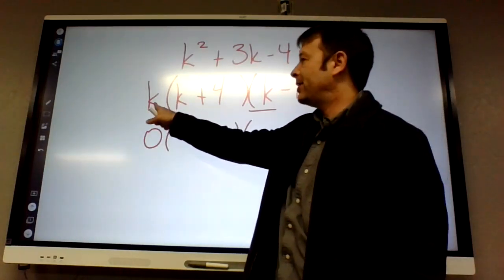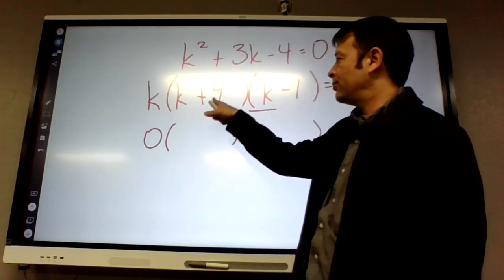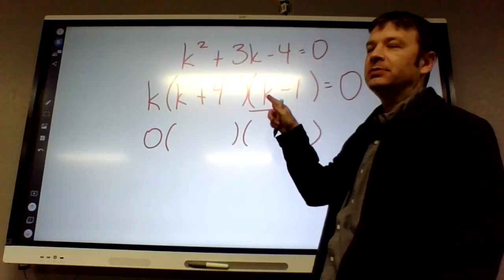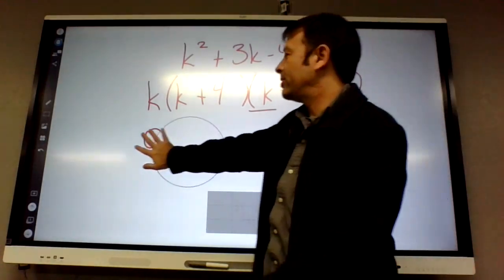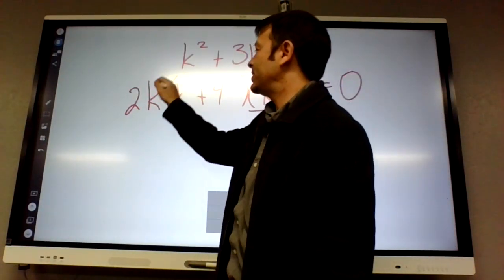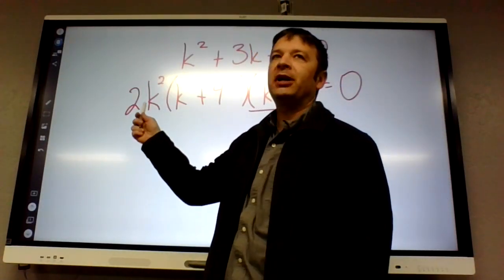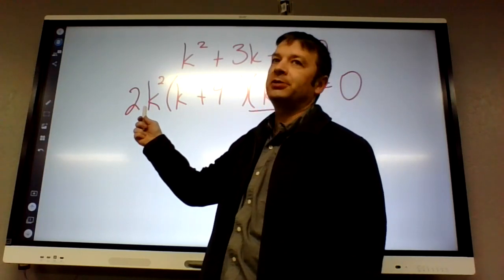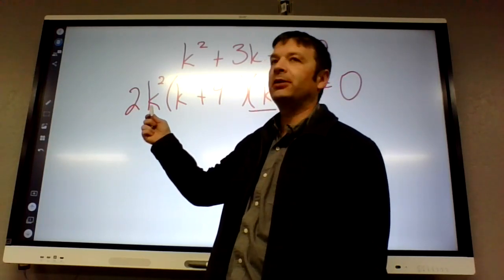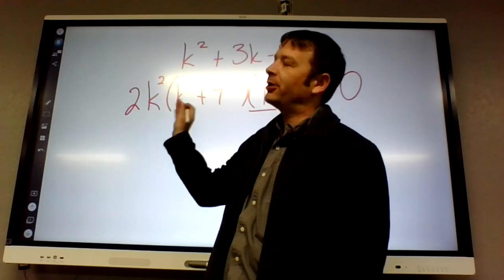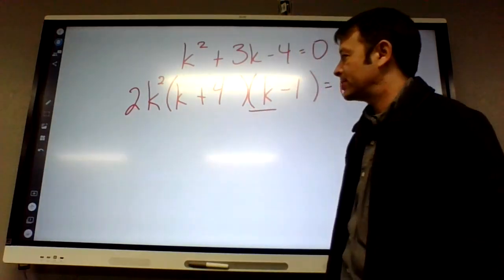So now the answer would be 0, negative 4, and positive 1. What if we took a 2k squared out? What k value could I put here to make all this 0? Still 0. So if there's an x or k on the outside, 0 is going to be one of the solutions.